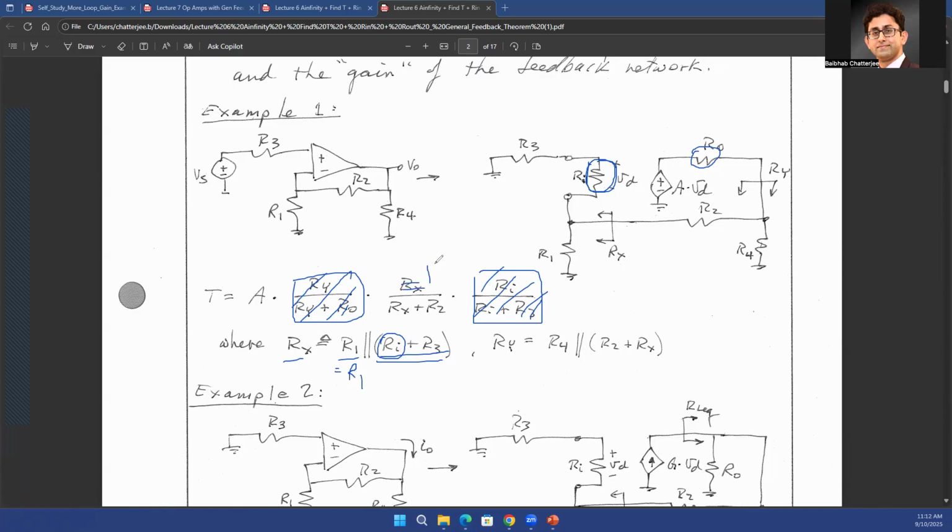So you have Rx is equal to R1. And your beta, the feedback network, is just R1 divided by R1 plus R2. Right? So as you see, if the op-amp were ideal, you would have a very simple network.